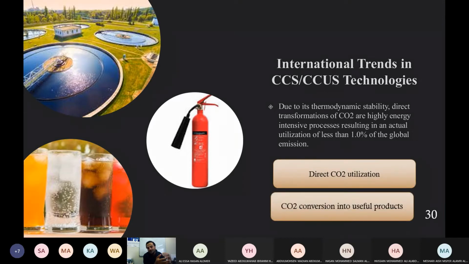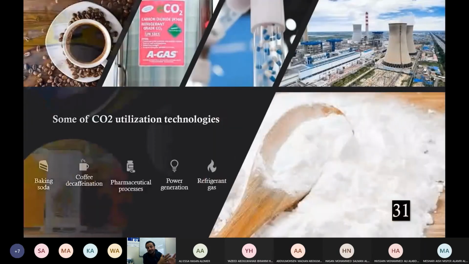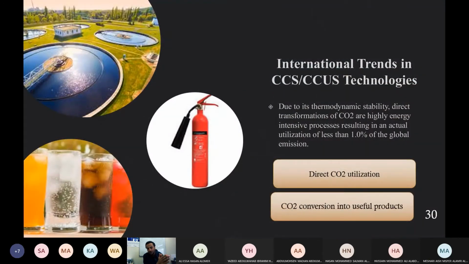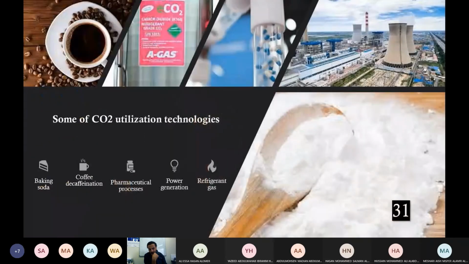Then we can have partial oxidation of CO to convert it to CO2, and then we separate CO2, and at the end we are left with hydrogen. Then we can take this hydrogen as a fuel, and as I told you, hydrogen is the main trend. So this is pre-combustion capture. And we have post-combustion capture, in which we use membranes to separate carbon dioxide from exhaust gases.